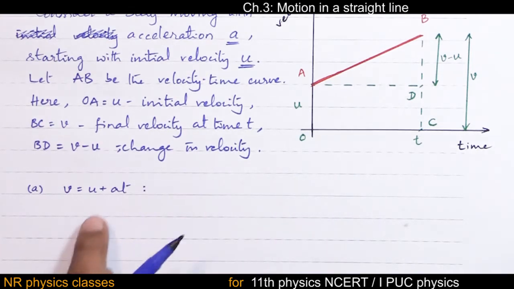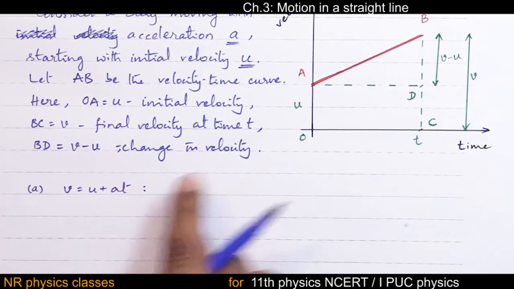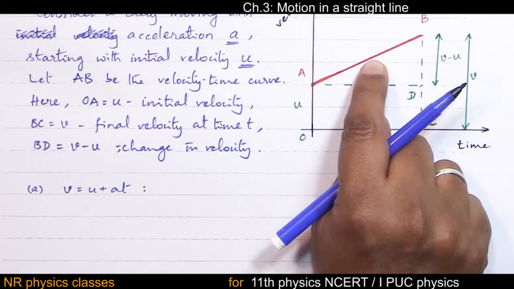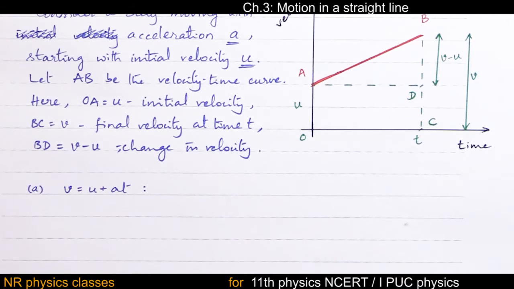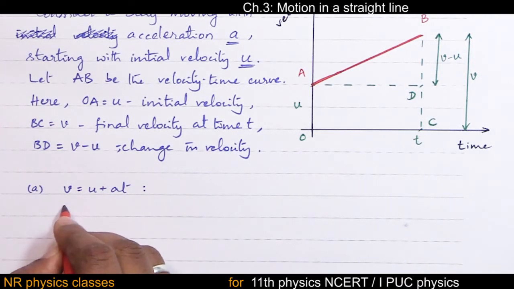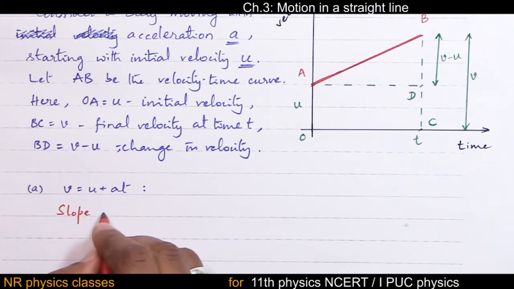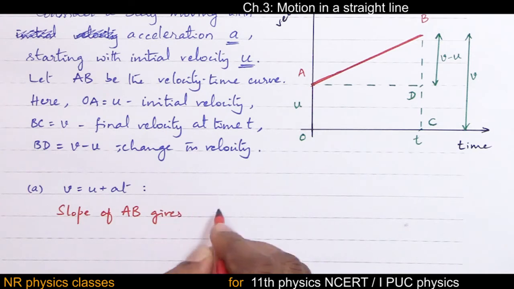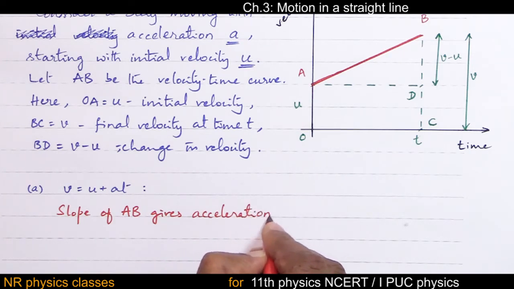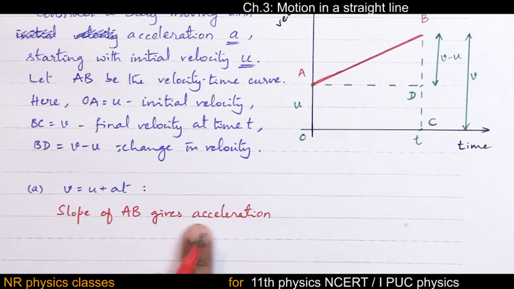Okay. So acceleration: the slope of this graph represents acceleration. Slope of AB gives acceleration.